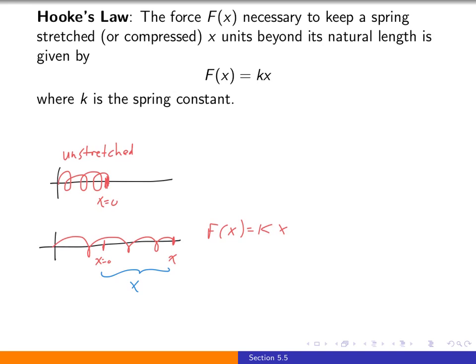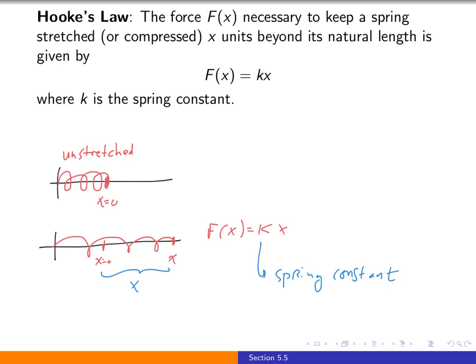So this k is something that we call the spring constant. It's a positive number, and it is intrinsic to the spring. What I mean by that is that given a spring, there is exactly one spring constant associated with it. So no matter how much you stretch or compress, that spring constant is always going to remain the same.